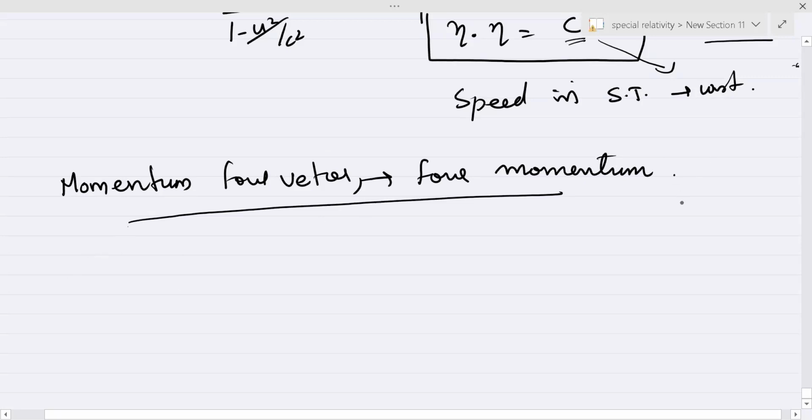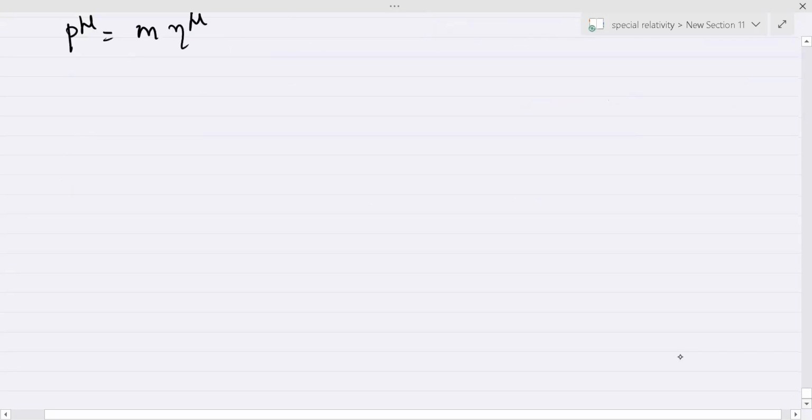Now it's easy to define. If we have three-momentum like this, mv, we define p equal to mv vector. In the same way, we can look at this quantity: P mu is equal to m multiplied by eta mu.